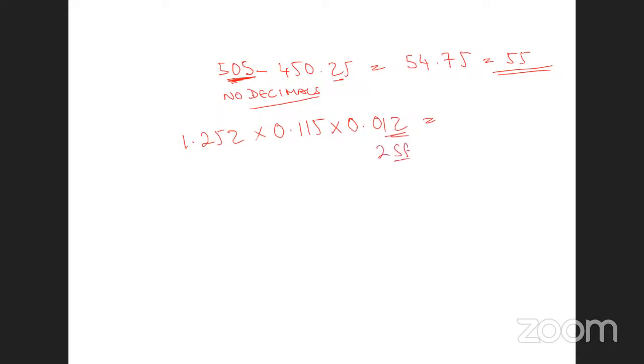I put 2 significant. So here the answer I get is 0.001727776. But the least is 2 here, right? So I can't take all of that. My answer will be 0.0017.